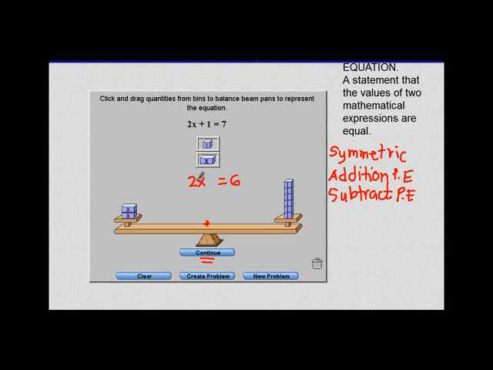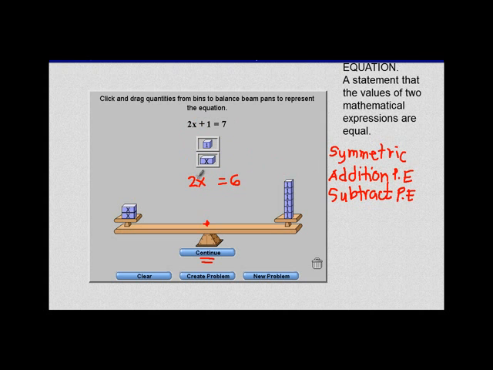Now, there's one thing here that I would like you to notice. You have here 2x plus 1 equals 7 as the original equation. I remove one unit here and another unit here. I am left with 2x equals 6.